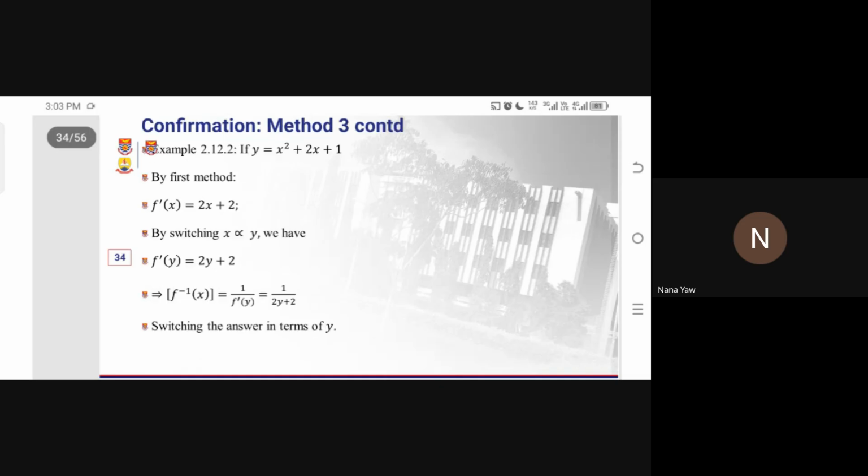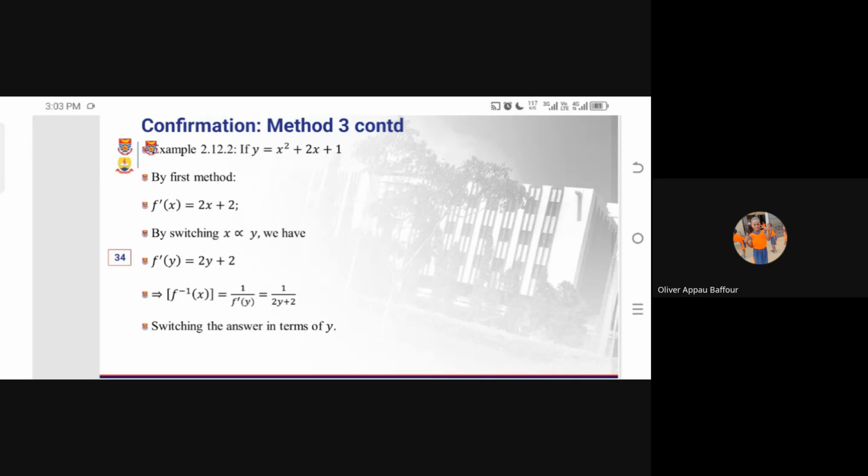Madam, in examination conditions, which method are we supposed to use? If in exams they didn't tell you to use the formula, you can use any of them.